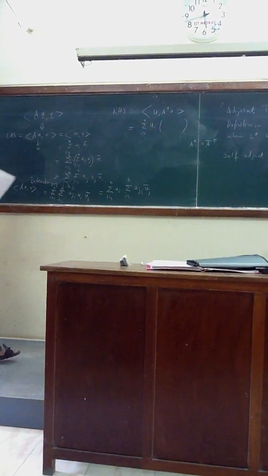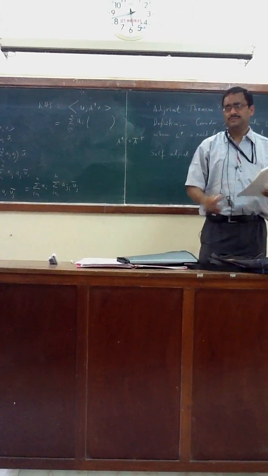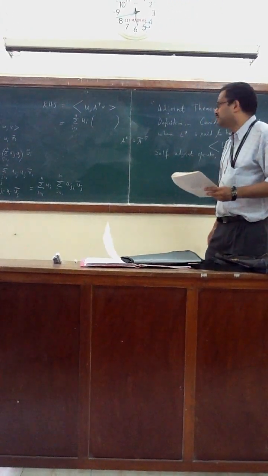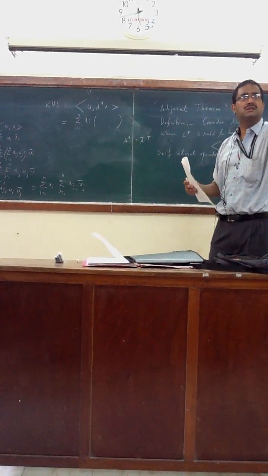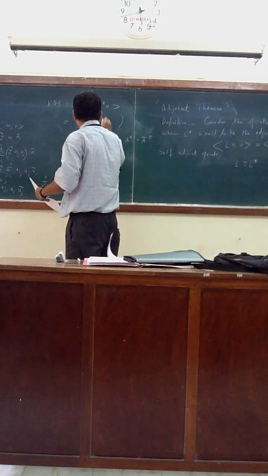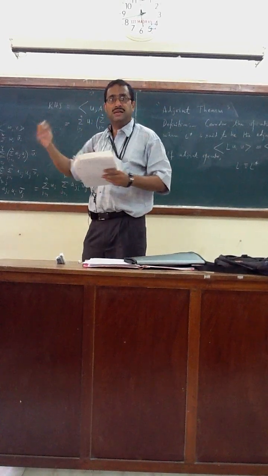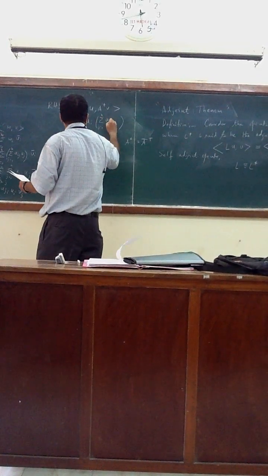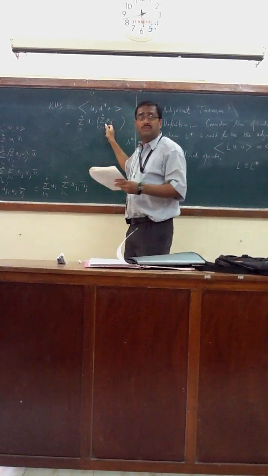So what should I write? Summation, we have done just now, same way. Summation j equals 1 to n, Aji. Aji bar will be there.